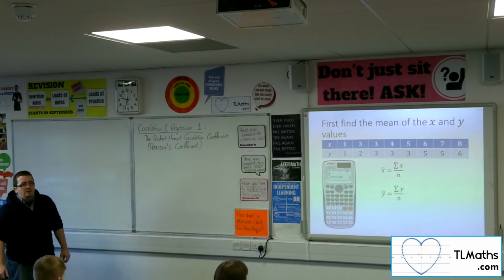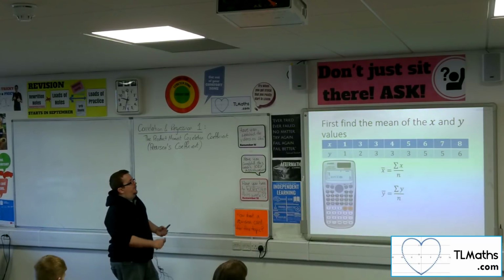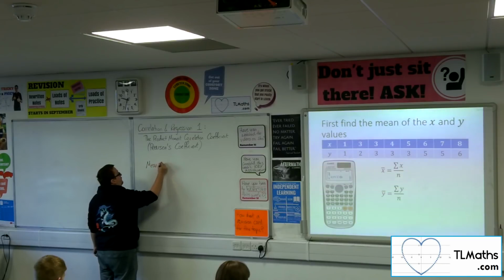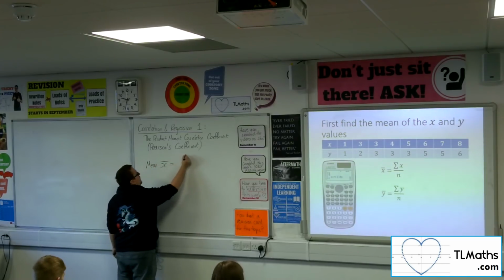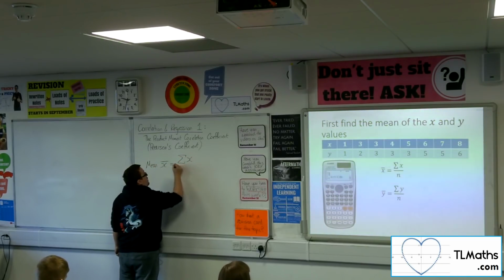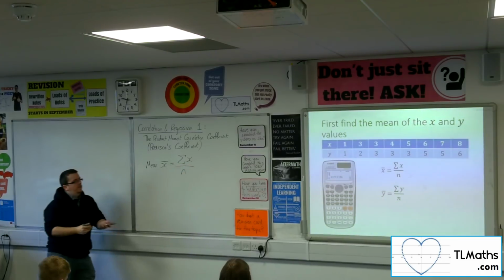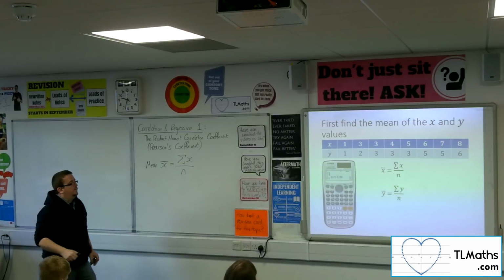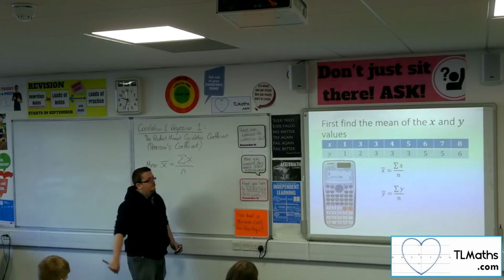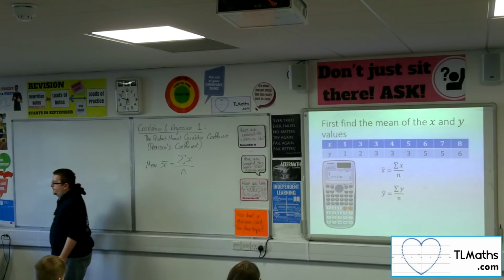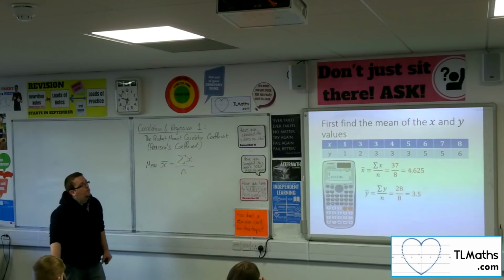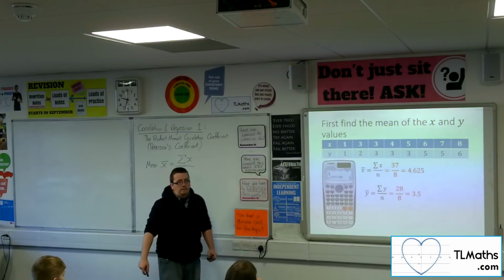Remembering our notation, x bar represents the mean, and using the summation notation it is the sum of x's divided by n. Add them all up, divide by how many there are. So we should get two figures, 4.625 and 3.5.